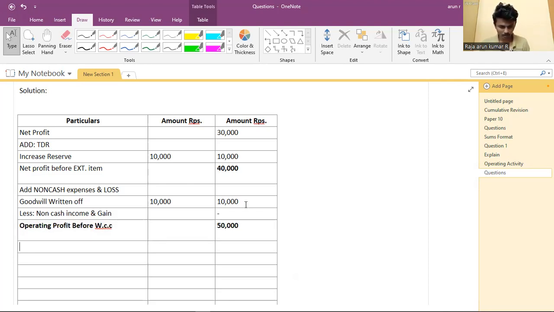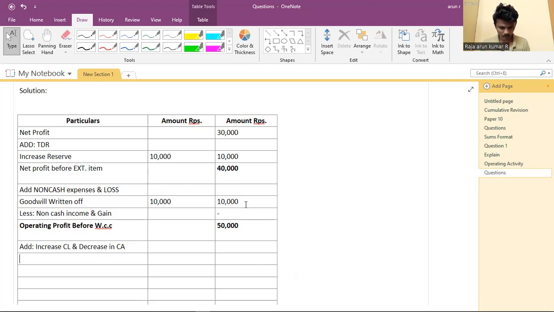Then add the increase in current liability. Current asset.